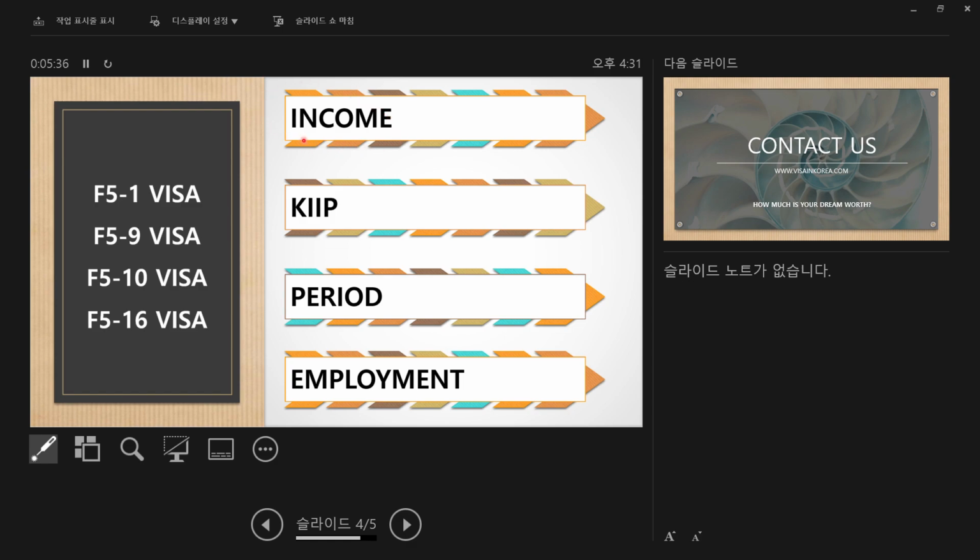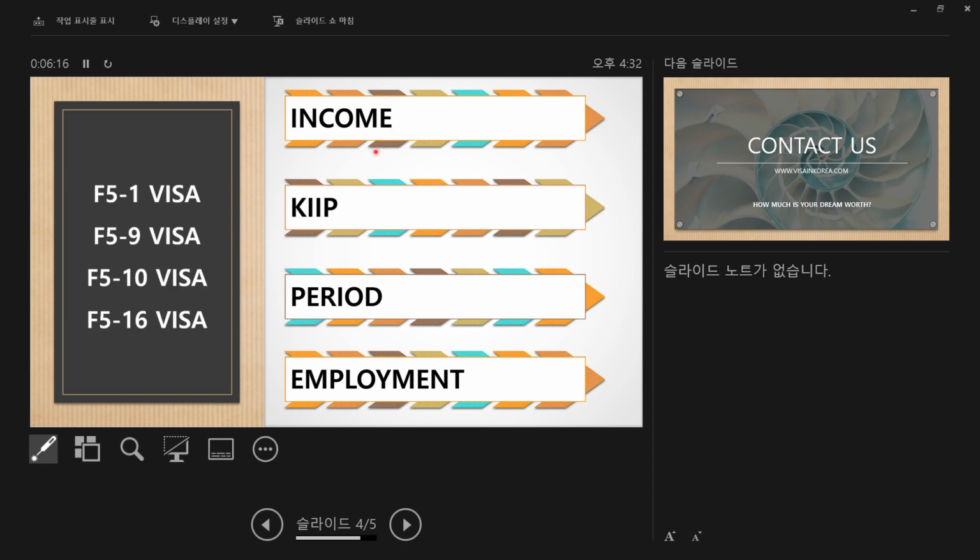And you can get the income certificate from the tax office in May for your previous year. If you work for more than two companies, or if you run your own business, you have to report your comprehensive income every May for the previous year, and you get your income certificate from the tax office every July.